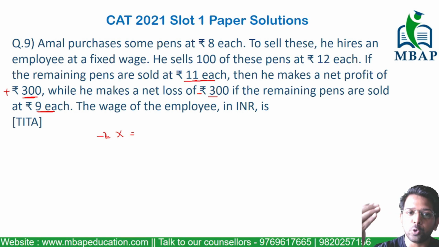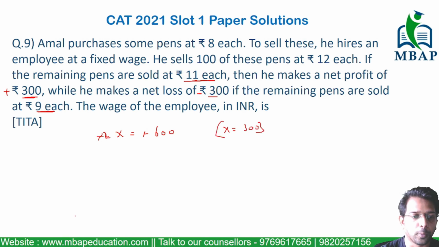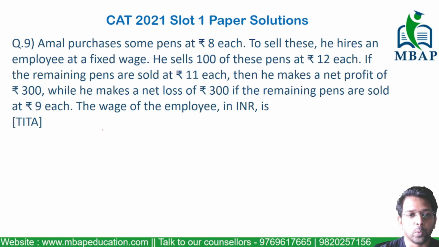So my overall value will actually reduce by 600 if I reduce the price of each of the X pens by 2. So I can find out that the number of pens sold above 100 is basically 300. I hope all of you have understood this. The number of pens which I've actually sold will basically be 100 plus 300, which is 400. Why? Because 300 is post the 100 calculation. That's the total number of pens which I found out.